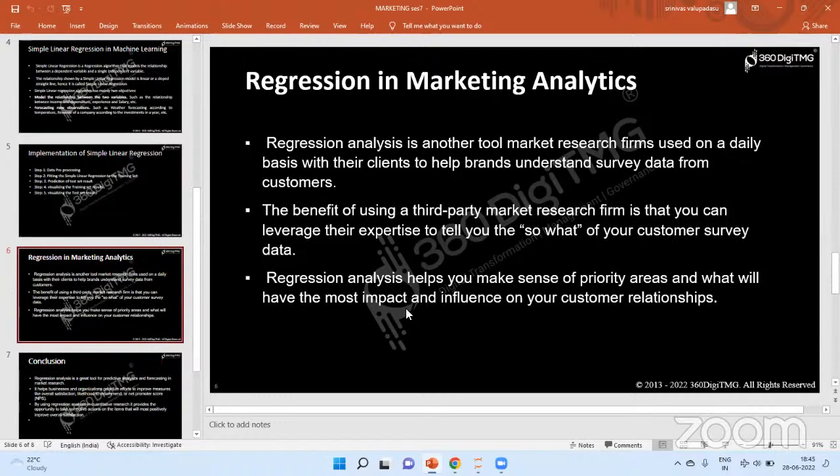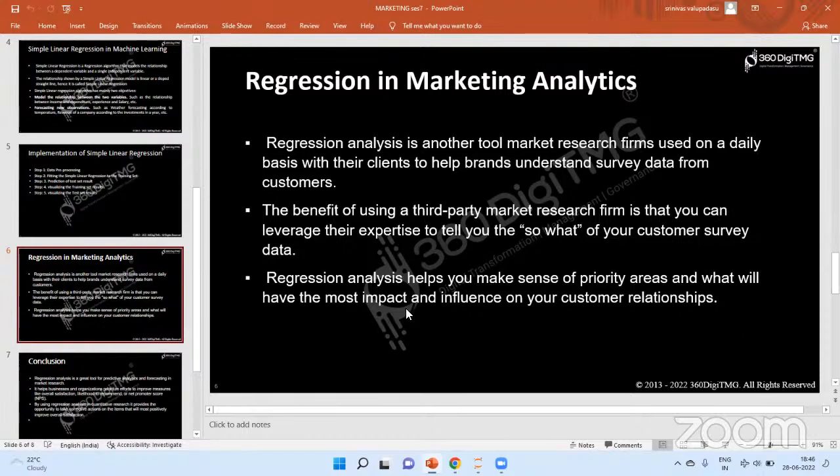How is regression used in marketing analytics? Just to predict, and we can take a number of examples. We can predict the sales of a particular product, and based on that, if in the last month people are using some product, we can invest our business in that product.